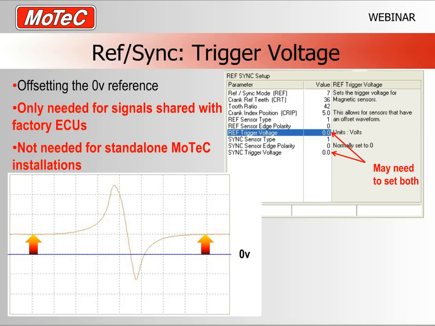So sometimes you've got to be a bit careful with piggyback systems, because if there is a reasonable amount of trigger voltage offset, the ECU will not recognize it if you haven't accounted for that offset. So there's no need to worry about any of that if it's purely a Motec standalone installation. So just be aware of this if you are piggybacking.